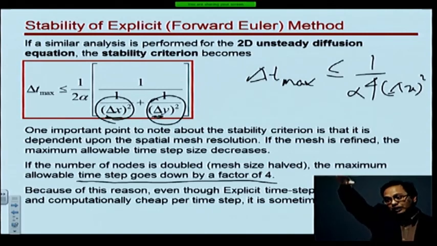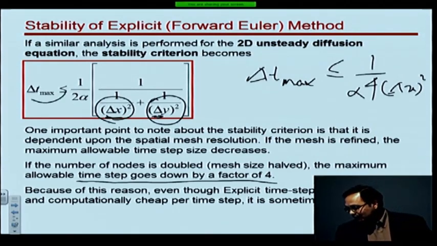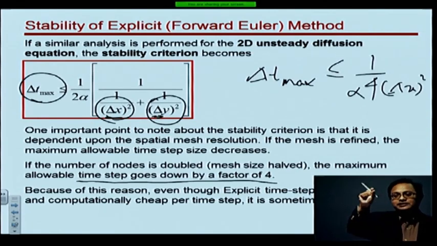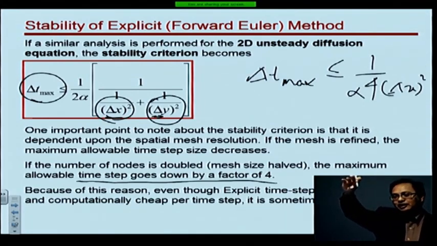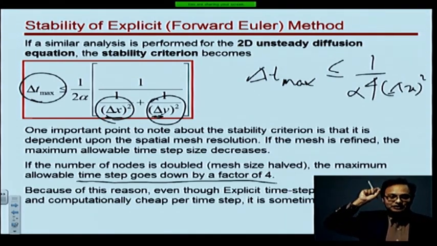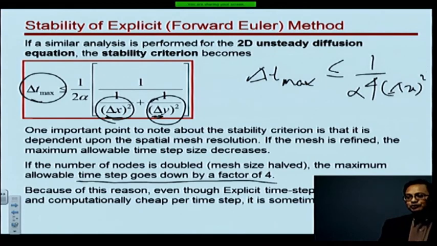But your delta T will be restricted by the smallest delta x. Maybe the largest delta x in your computational domain allows a delta T of 1 second, but the smallest cell will allow a delta T of 1 microsecond. And so you have to time march at 1 microsecond. And good luck with that.